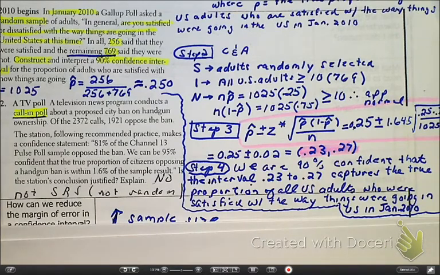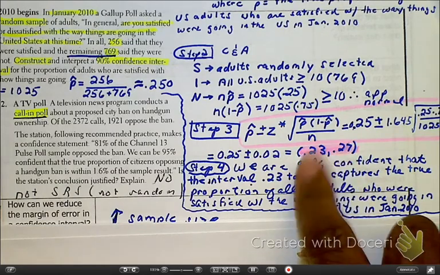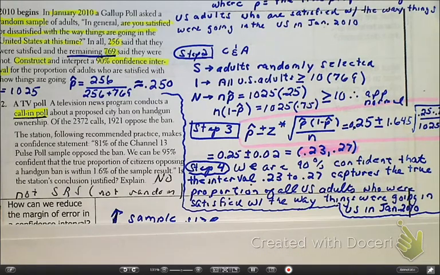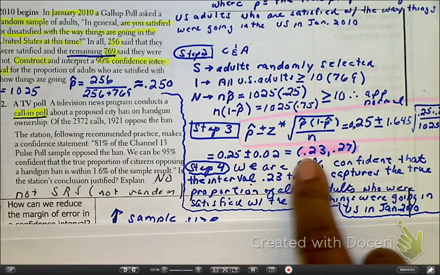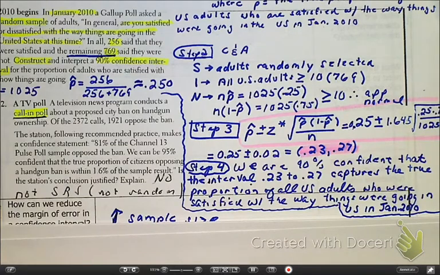And the answer is that 0.29 is outside of that interval. So we don't have convincing evidence to suggest that that secondary poll would be reasonable, because it is outside of that interval. And when you guys do problem number 35, there will be a scenario like that.